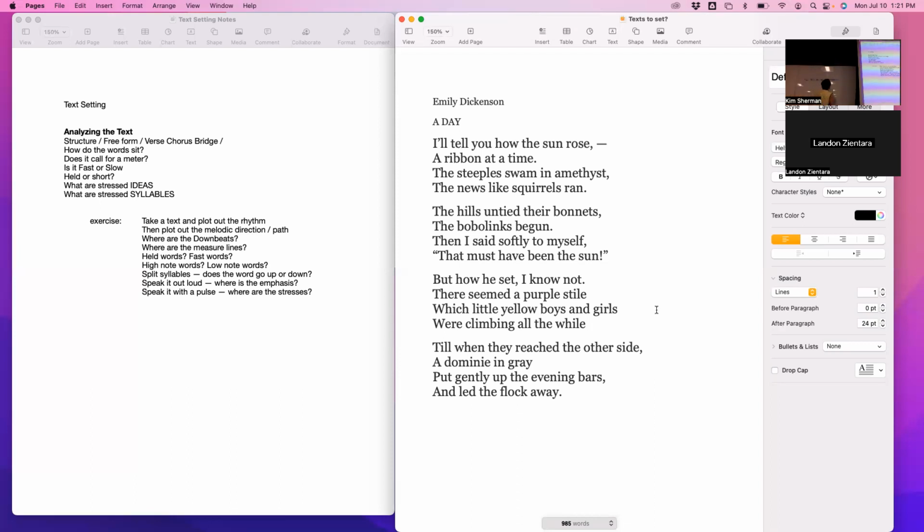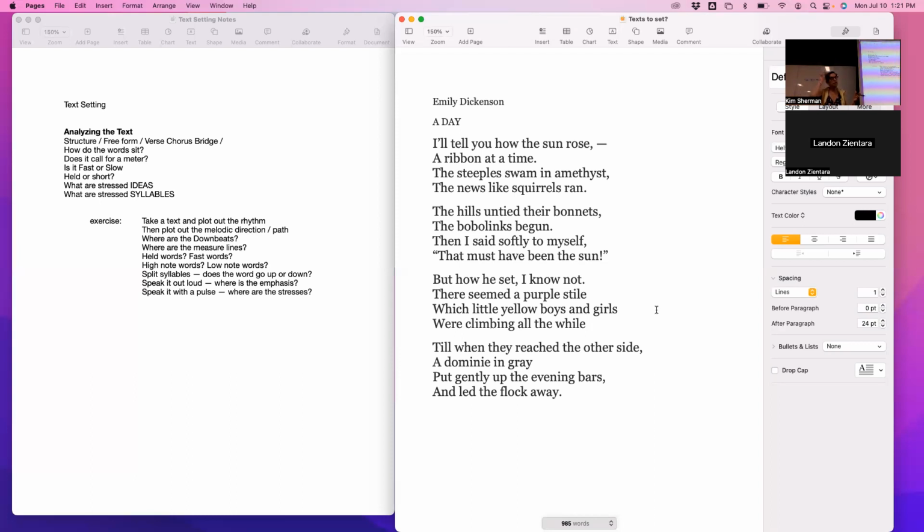So we know we want to emphasize sun and tell. I don't think we really emphasize rose. I'll tell you how the sun rose. That's how you would speak it.